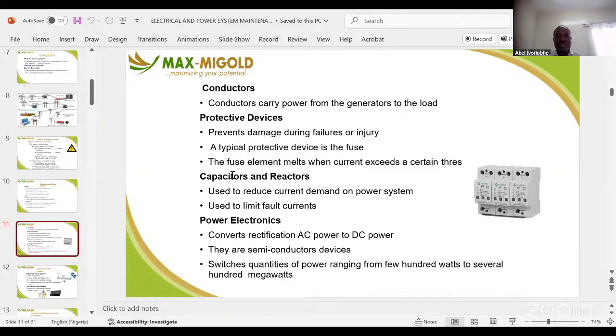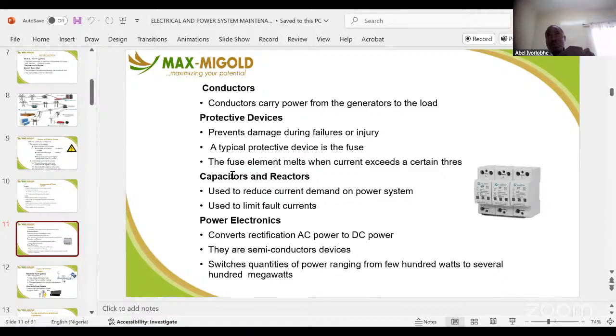We make use of circuit breaker. Circuit breakers are specified in rating, so you cannot put an overrated circuit breaker where it is not needed. So circuit breakers are precise. When there is a fault, they trip. You don't need to rewire the circuit breaker like the fuse.